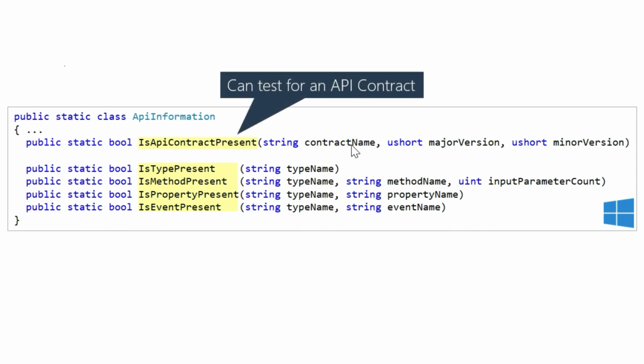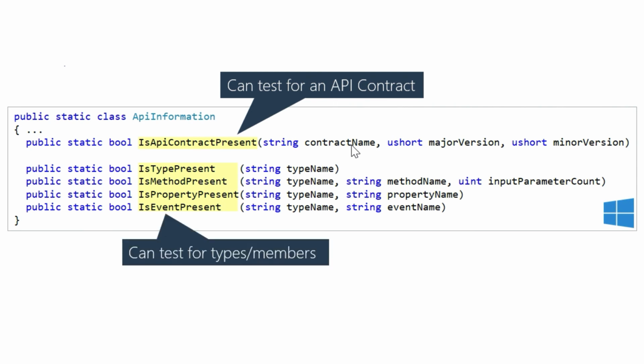So this is one option, test for the whole API contract. Another option is testing just for types or members. So for example, instead of asking up here whether the scanner contract is present, you could ask if the image scanner class was available. And that would just save you a step. You don't have to then go look up the documentation for the image scanner class and figure out what the contract name is and so on. It's mostly personal preference which of these you choose.